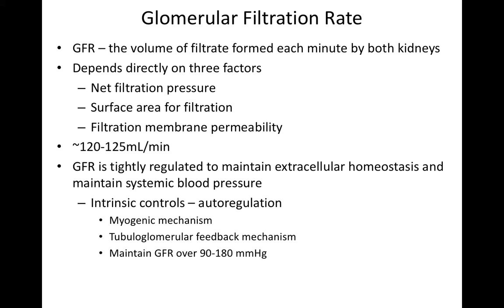They alone, so the kidney alone, can maintain stable GFR when our mean arterial pressure is anywhere between 90 and 180 millimeters of mercury. So if our systolic pressures are between 90 and 180, GFR remains stable. That is amazing.